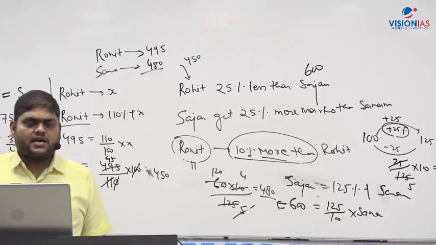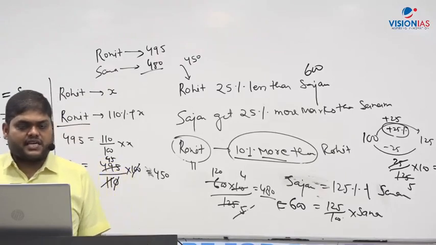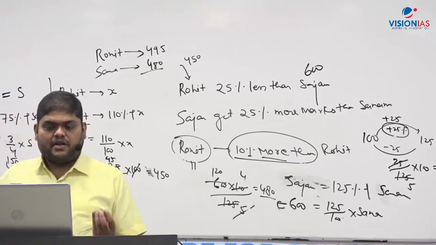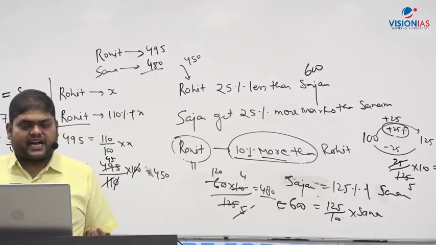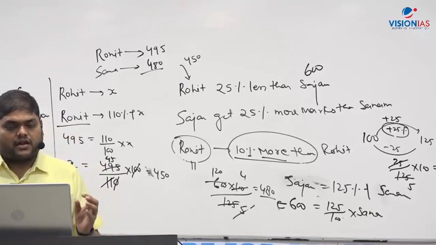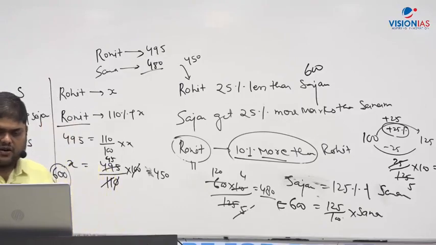Next question is, in an IBPS examination, 20% of candidates were found ineligible, 40% of the eligible candidates belong to general category, and 20% of total candidates. Okay, another good one.